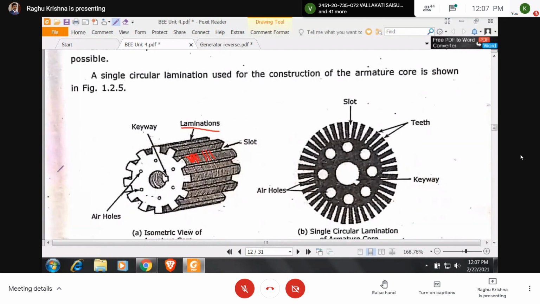If you view from the front side, it will appear like this, though the actual core has more slots and this diagram has fewer. Sheets like these are called laminations, and these laminations put together form the rotor core or armature core.